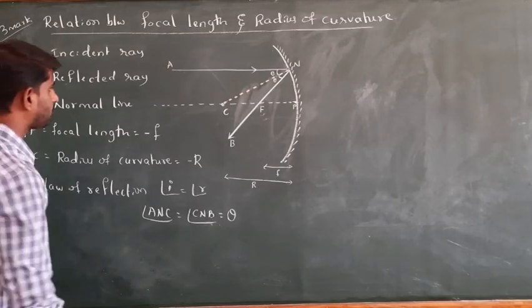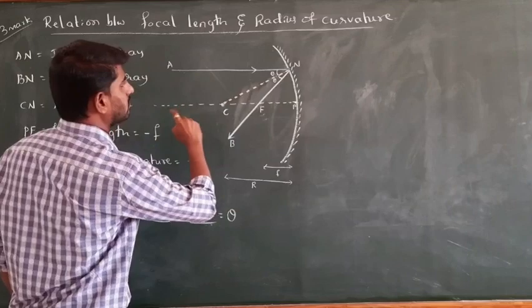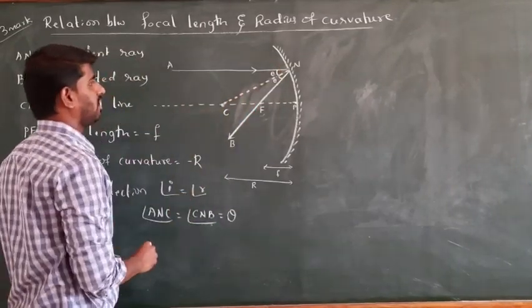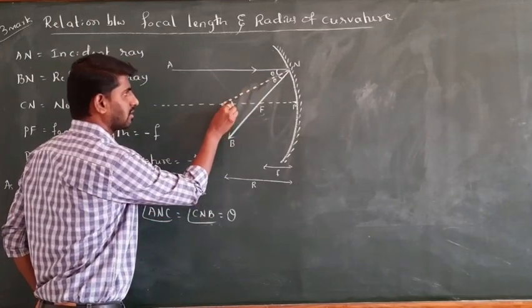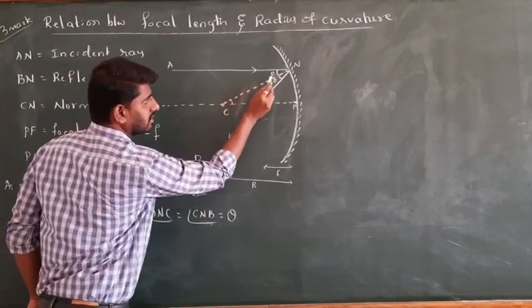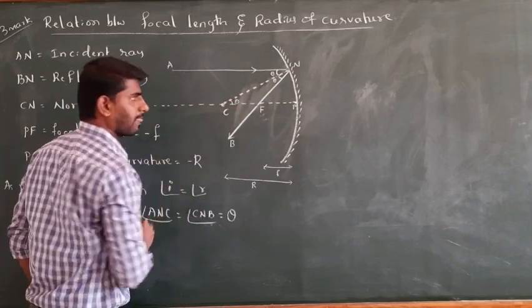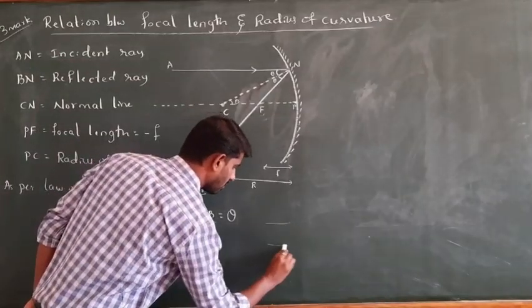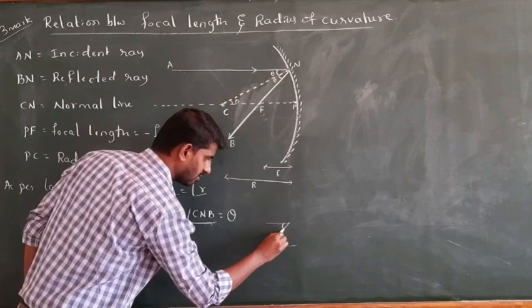Now consider, if this angle ANC is theta, then what about this angle? If this is theta, then this is also theta. So if this is theta, this must be theta.